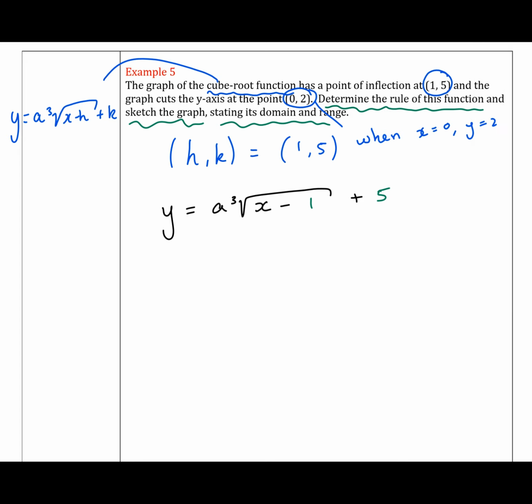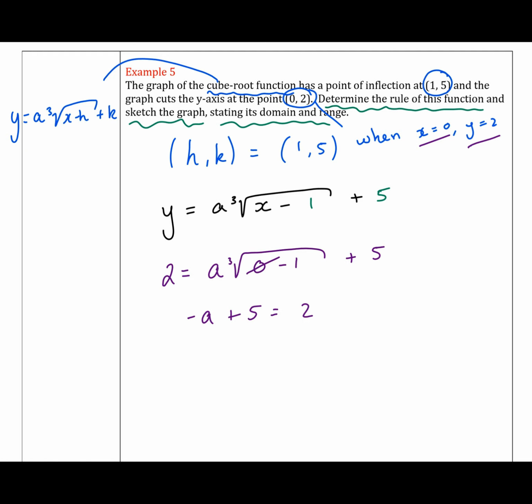The way to find that is to know that when x equals 0, y equals 2. So y is 2 when x is 0. So we're asked to find the cube root of negative 1. Well, that's just negative 1. So negative a plus 5 equals 2.